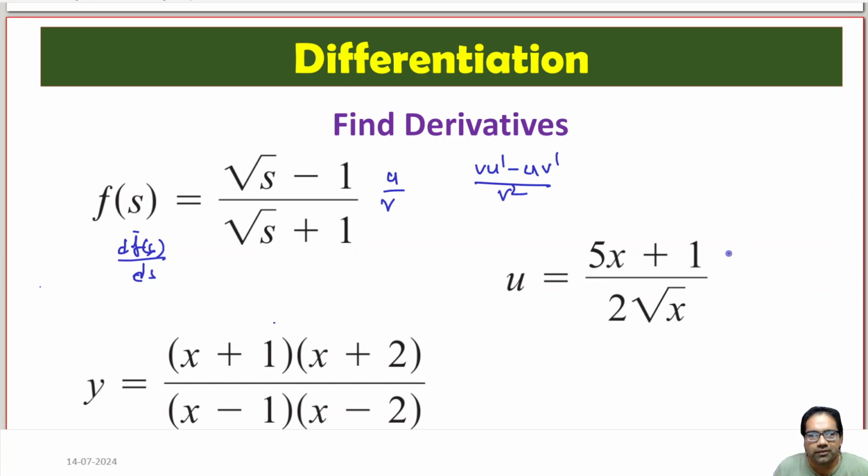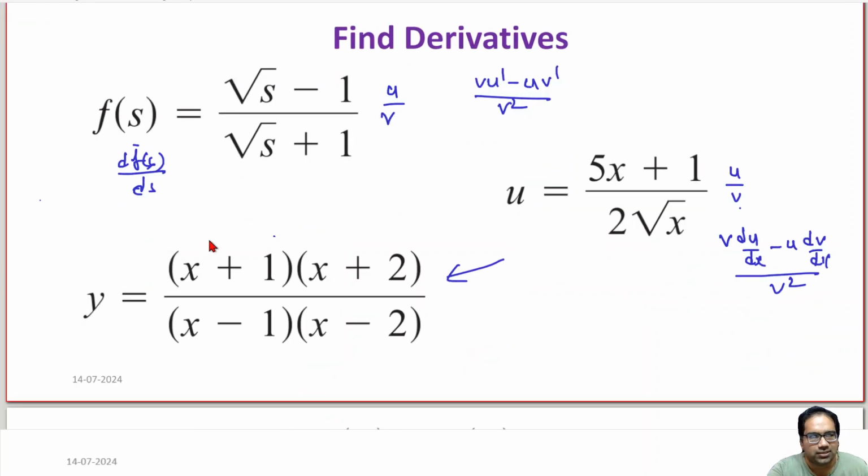Here also it is in the form of u by v: (v du/dx − u dv/dx)/v². The same thing applies here also. If this is u, this is v; instead of u, you can call this something else. So the methodology is the same. Let us use this methodology to find the derivatives of these functions.